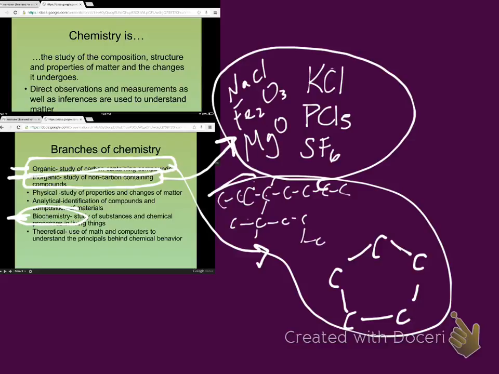Most of that's a little bit less complicated than that. And if you've ever watched any of the crime drama or medical drama shows and they say, CBC and full chem, that's going off to a lab where some analytical chemistry is being done on the blood, and they're looking for the presence of substances. They have unknown substances in the blood. They're looking to compare those with known substances and identify them. And theoretical chemistry, that's the really highbrow stuff.